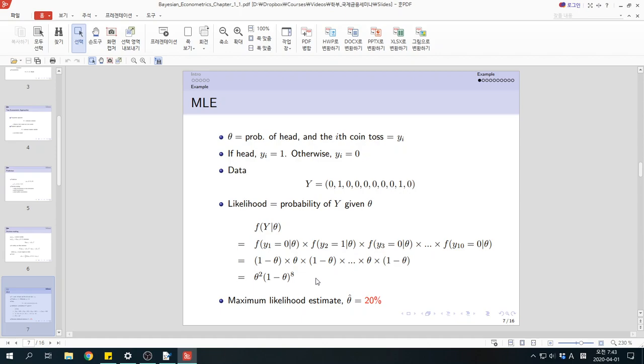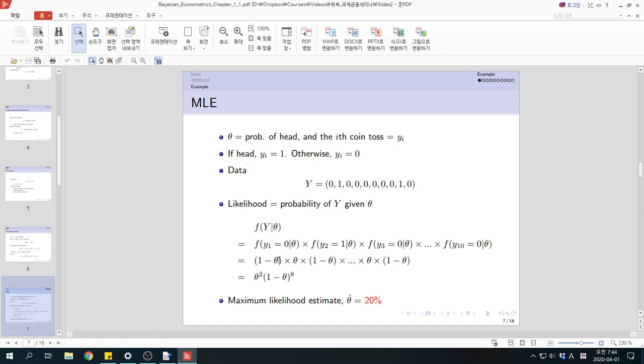Then you will have theta hat, the maximum likelihood estimate, which is 0.2, or 20%. Why? Because 2 outcomes out of 10 experiments are heads, so the probability of heads, or of 1, is 0.2. This is maximum likelihood estimation.